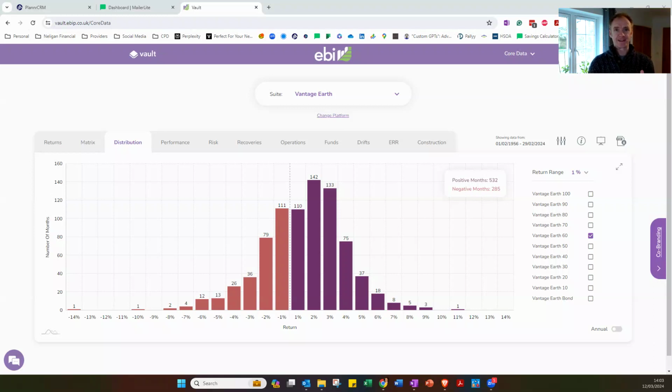So what I want you to do is to cast your minds back to your school days and your math lessons, if that's not too scary a thought. And if you can remember what in mathematical terms are called histograms, but in regular layman's terms are called bell-shaped curves. A bell-shaped curve just shows the distribution of returns and the frequency of those distributions.